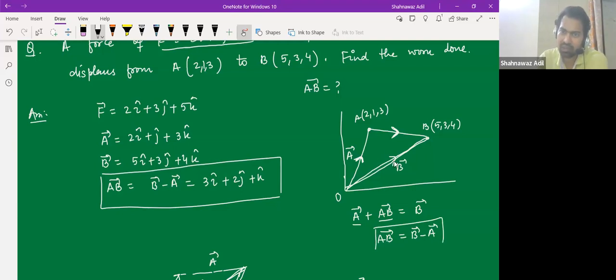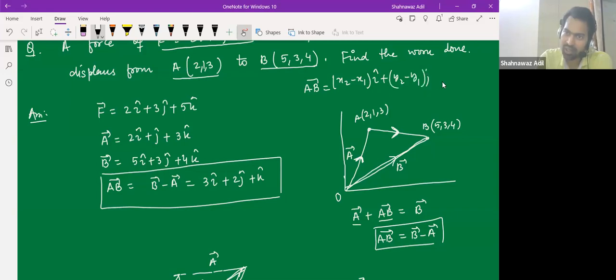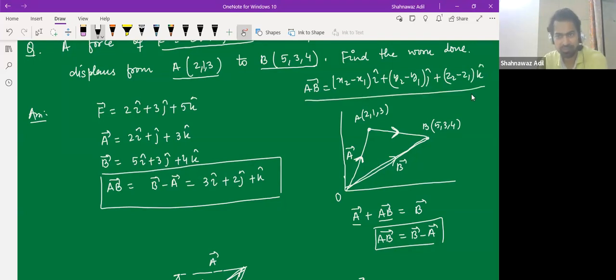Just remember, whenever two coordinates are given and you want to calculate the displacement, you write it as x2 minus x1 i hat plus y2 minus y1 j hat plus z2 minus z1 k hat. This would be easier to remember, right?